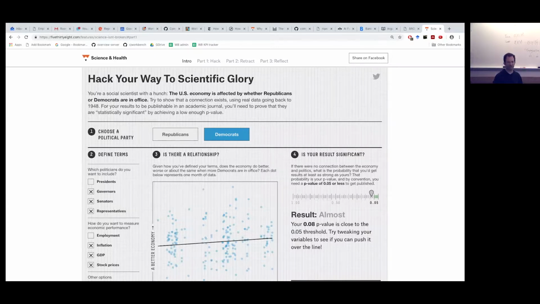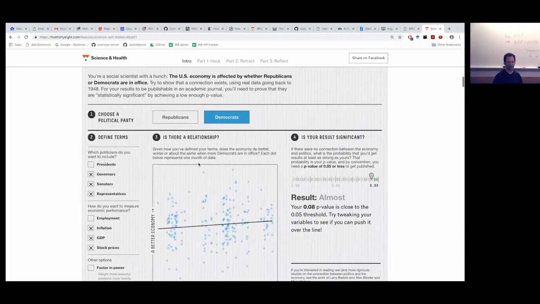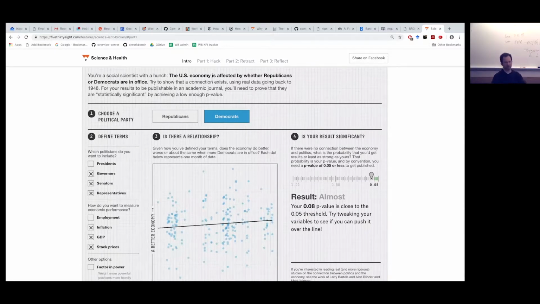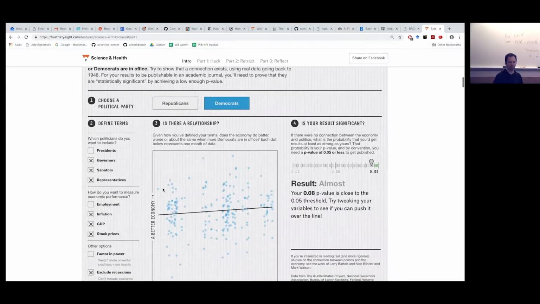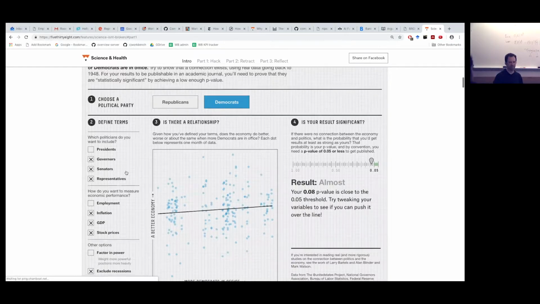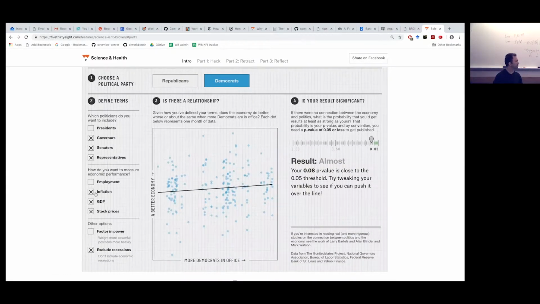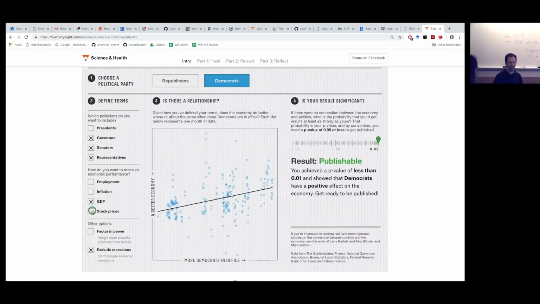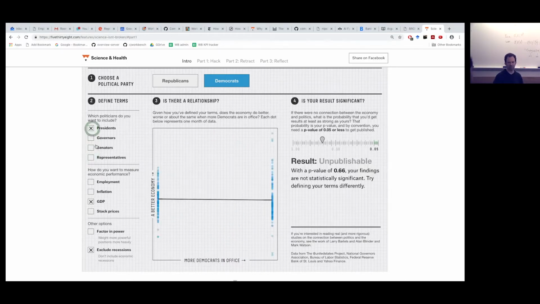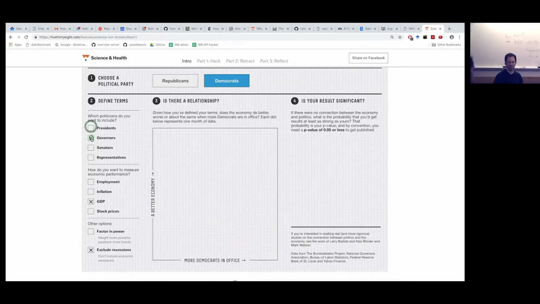The idea here is, are we going to test whether the economy depends on whether Republicans or Democrats are in office? What we can do is use different definitions of economics and different definitions of politician, and maybe a couple other factors. If we measure only GDP and only presidents, then no. But if we measure GDP and governors, then yes.